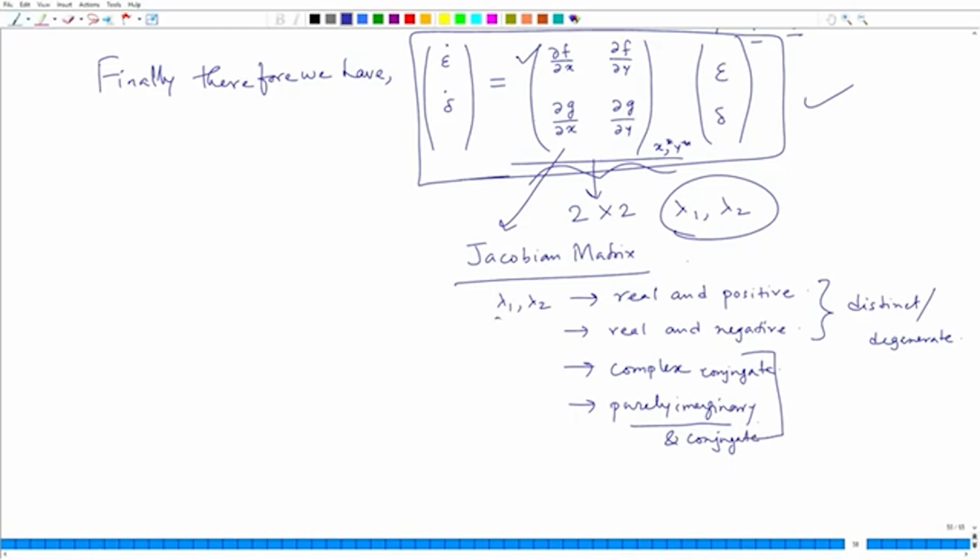Whether the eigenvalues are real or complex, if an eigenvalue has a real part which is positive, it will destroy the stability of the fixed point. So the fixed point will be unstable.